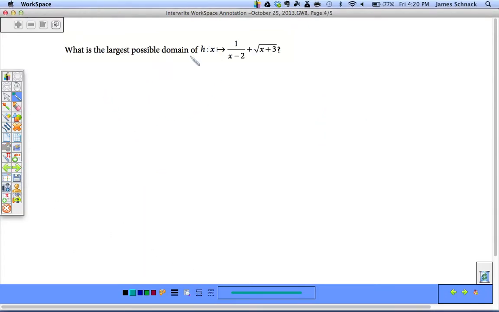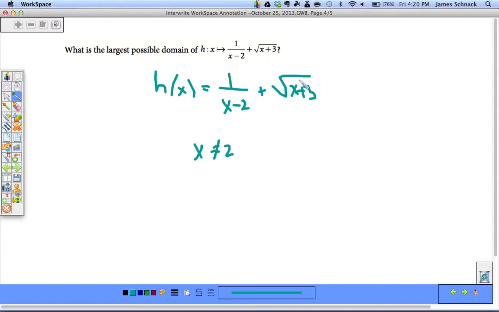What is the largest possible domain? Well, our function is named h, and h of x equals 1 over x minus 2 plus the square root of x plus 3. What can't x be? Well, x can't be 2. And we know that the thing under the square root can't be negative. So x plus 3 has to stay greater than or equal to 0 for this function to work.